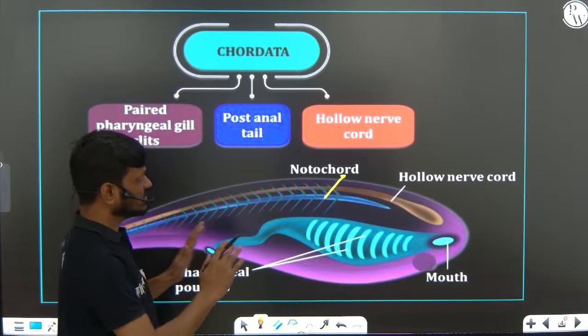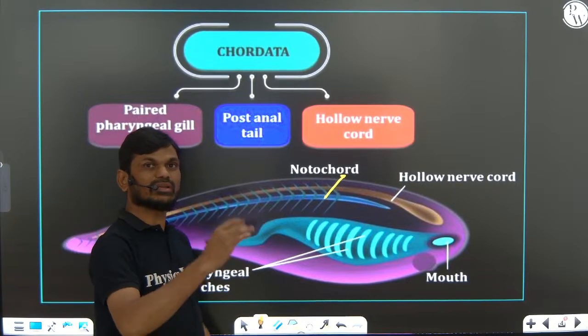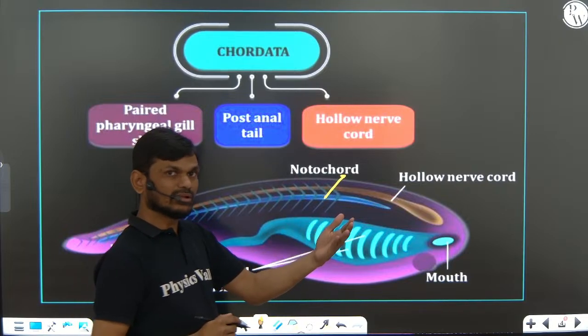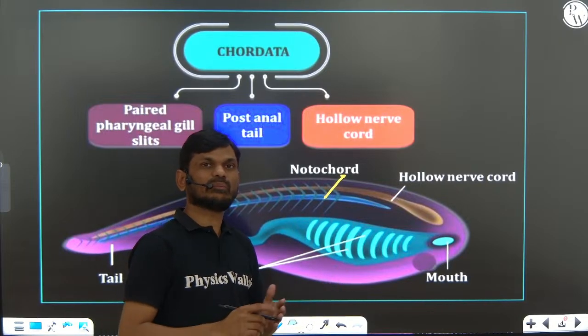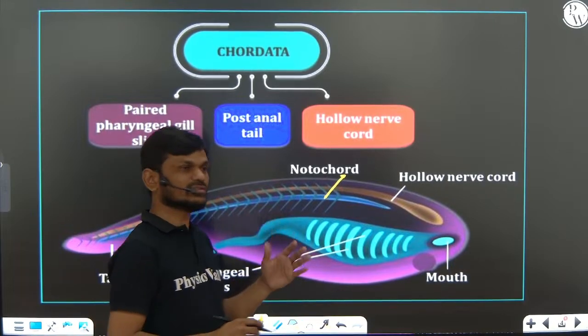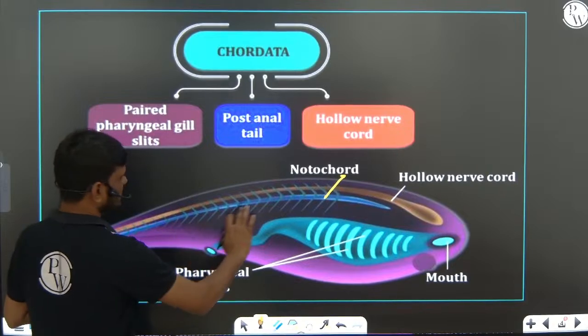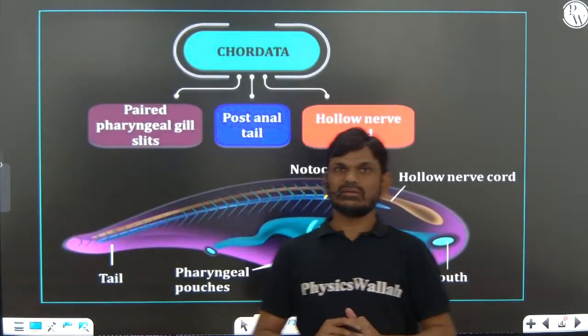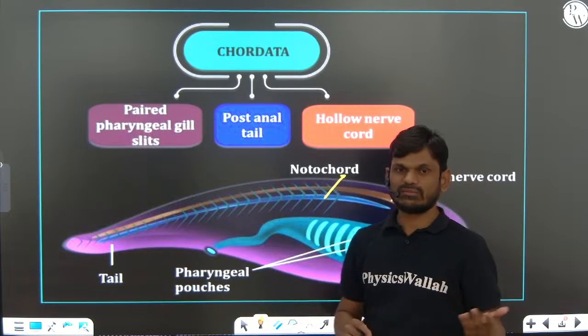Based on the presence or absence of the notochord, we classify animals into two categories: Chordata, where chorda means notochord and ata means having, and Non-chordata, in which this structure is absent. So the notochord is not present in non-chordates or invertebrate phyla.